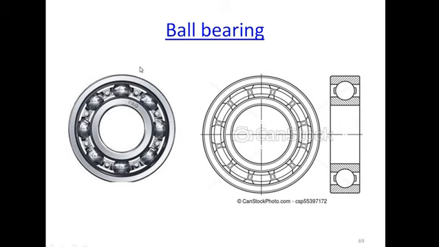See here, this is a ball bearing. Here you will see the balls, and in between these two balls there are separators, and this is a general drawing of a ball bearing.